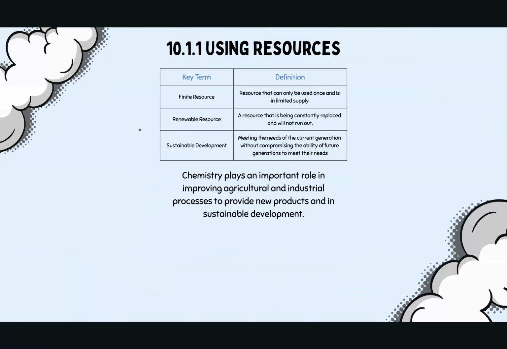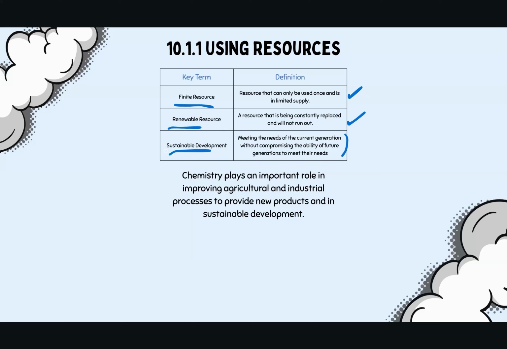So these are some really important key terms. We need to know what a finite resource is. That's a resource that can only be used once and is in limited supply. Renewable, a resource that can be constantly replaced and will not run out. And sustainable development is meeting the needs of the current generation without compromising the ability of future generations to meet their needs.